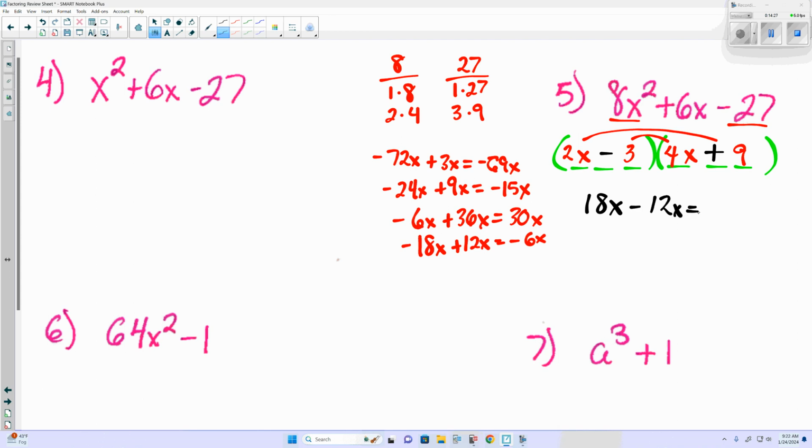Negative 3 times 4x is negative 12x, giving us the positive 6x we want. And that's it. Some of the times, whenever we have a smaller middle term, we try to pick factors that are closer together. If it's a bigger middle term, we might need factors that are a little bit farther apart, so we get a bigger number.